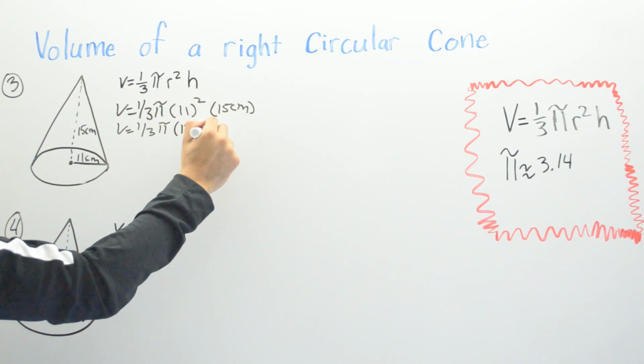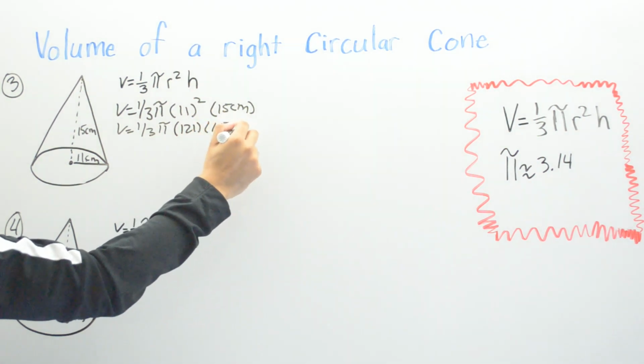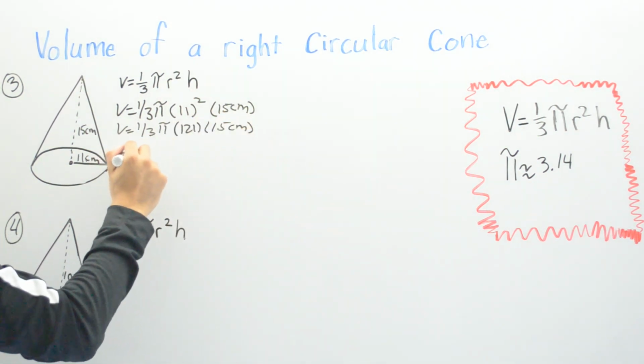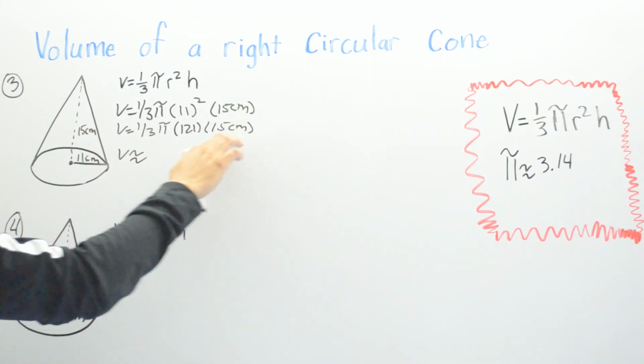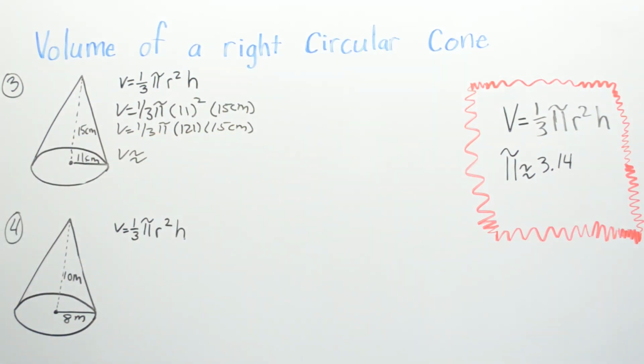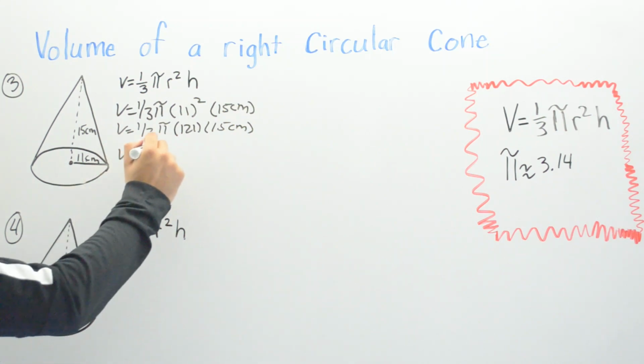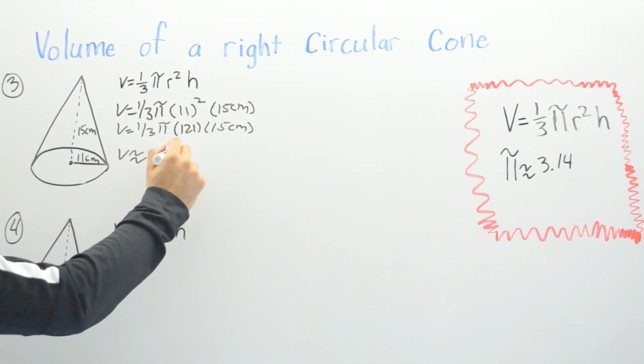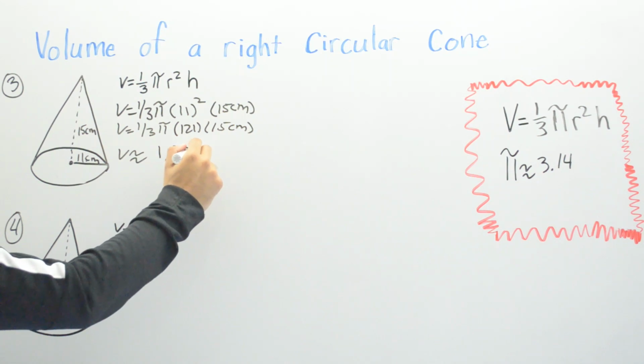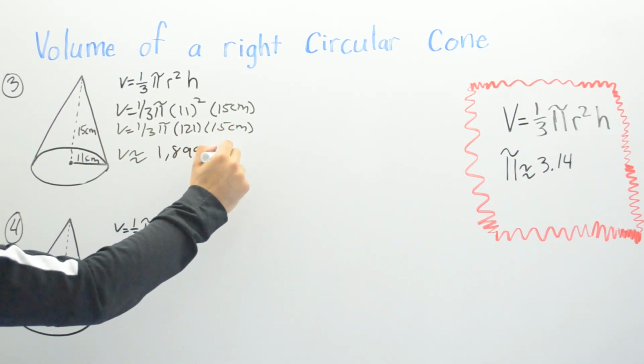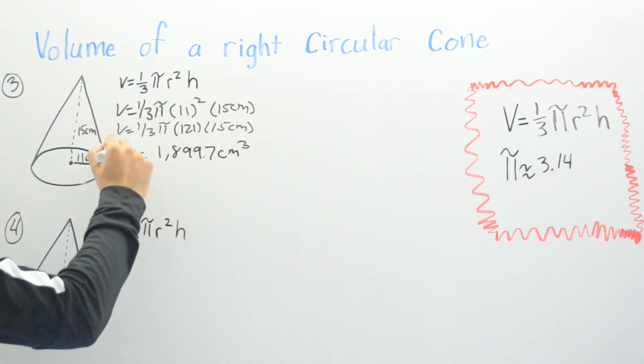Then we multiply by 15. Now that I have all that, I'm just going to multiply everything across. And we multiplied all that across. My answer was 1,899.7 centimeters cubed.